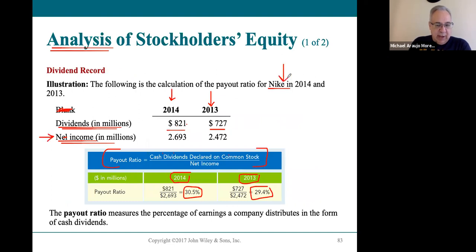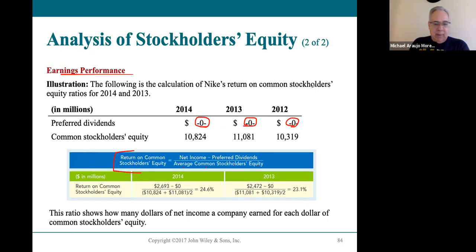Again, we're still looking at Nike, and here are the net income numbers. So it's still part of the same company that we're looking at here. But that's where those numbers came from, Adam. They've given you the common stockholders' equity for each year. Of course, this is an average, so you have to average those two.